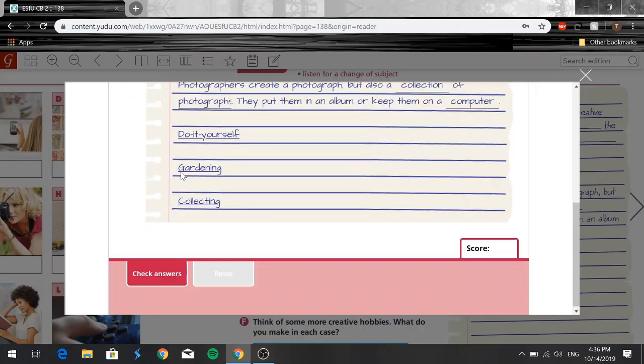Alright, before we move on to gardening, some notes about do-it-yourself or DIY: sometimes it's a clear result, right? So people could make a table or a cupboard. But most DIY is actually repairing stuff, right?